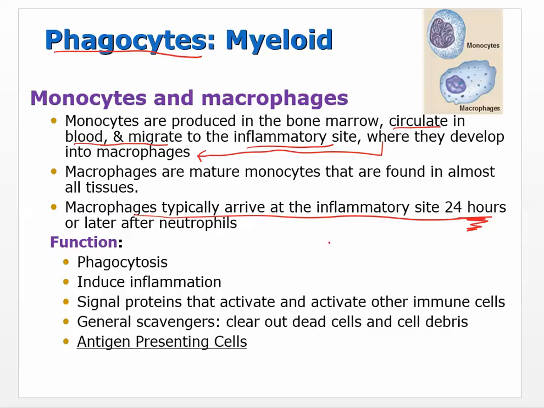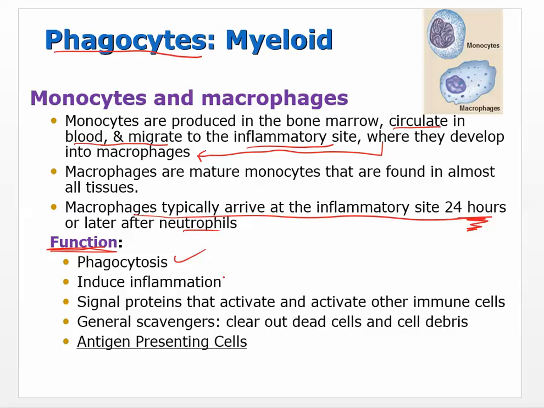So the neutrophils are the first responders, but about a day or so later the macrophages start showing up. Mainly they eat the pathogen, tear it into little bits, express it on the outside of the cell, and then go up to the lymph nodes and tell the lymphocytes what's going on. That was a simplified version of their function.